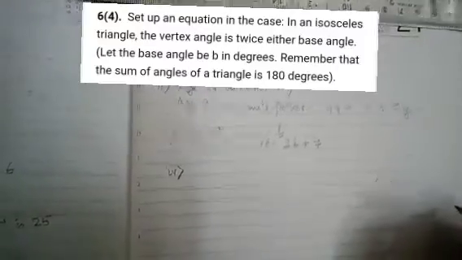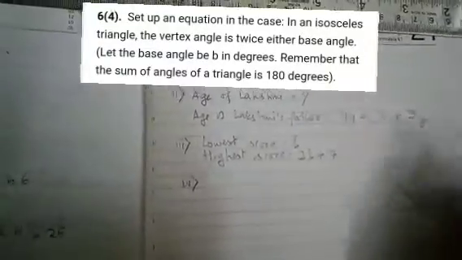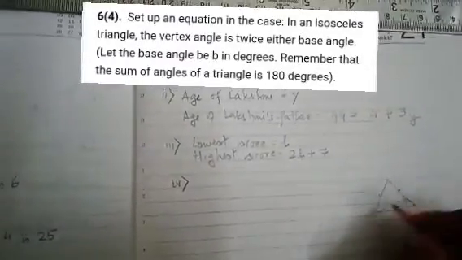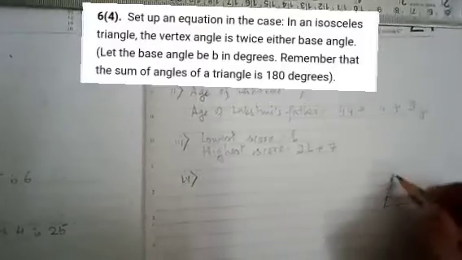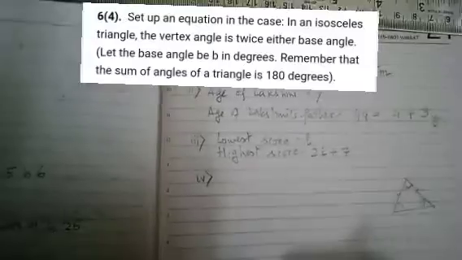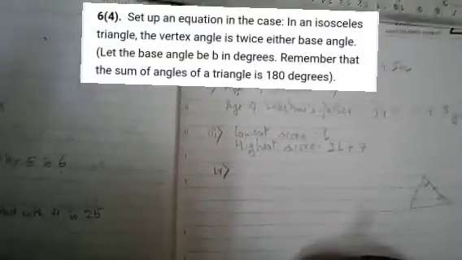So which is the vertex angle? These both are the base angles, which are equal. Base angles are equal in an isosceles triangle. And this is the vertex angle.